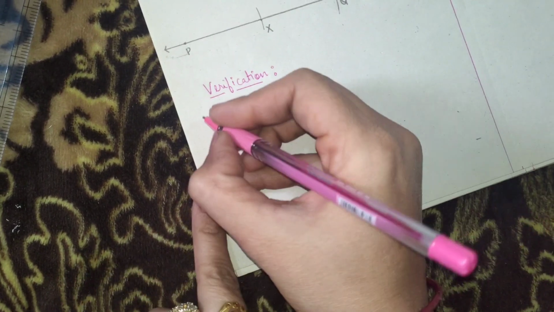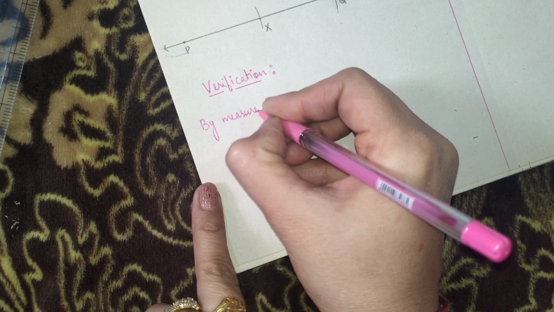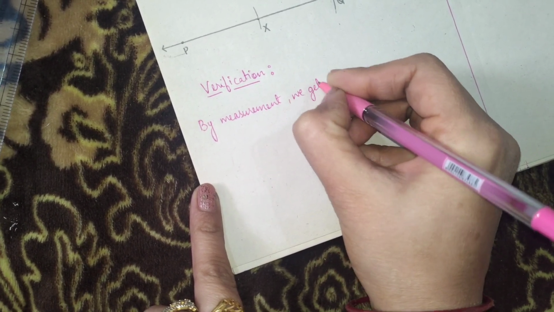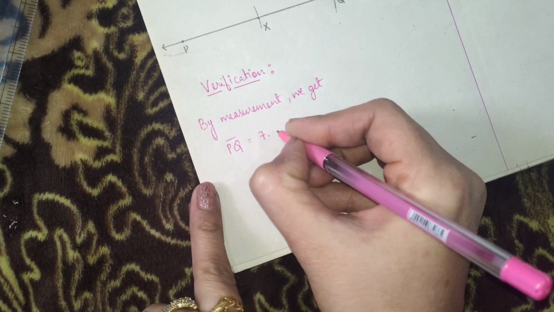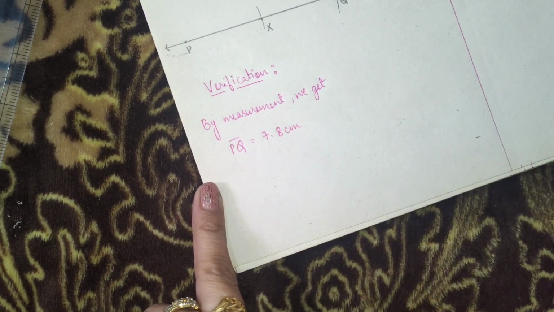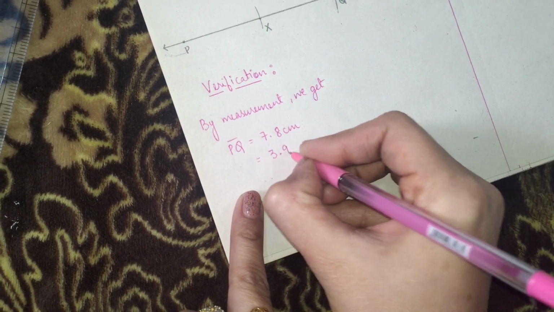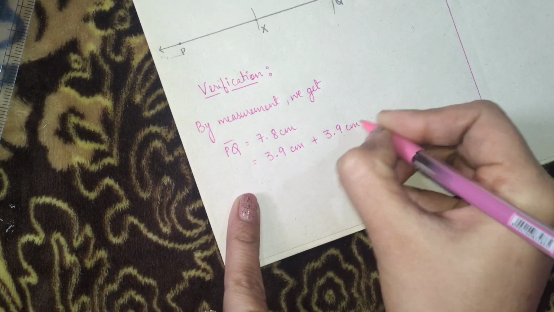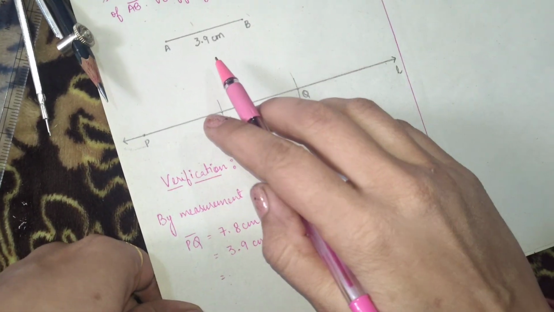Now by measurement, you have measured, right? By measurement we get PQ equal to 7.8 centimeter, which is equal to 2 arcs of 3.9 centimeter that we took, right? But now what is 3.9 centimeter? 3.9 centimeter is AB.